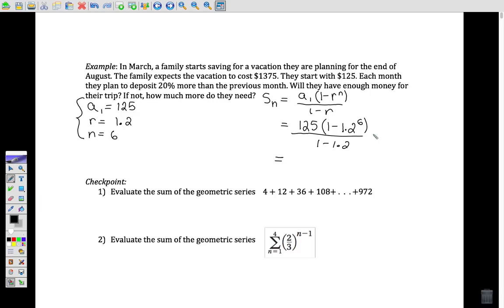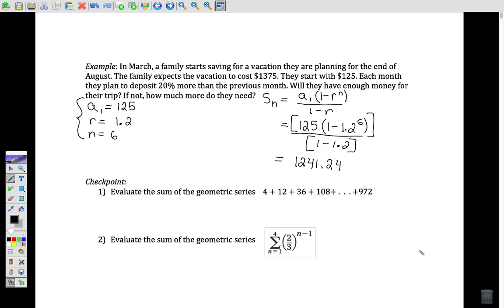Again, using your graphing calculator, using parentheses, you can plug that in all in one step into your calculator. And you should get 1,241 and 24 cents. So take a minute and make sure you can do that on your calculator.